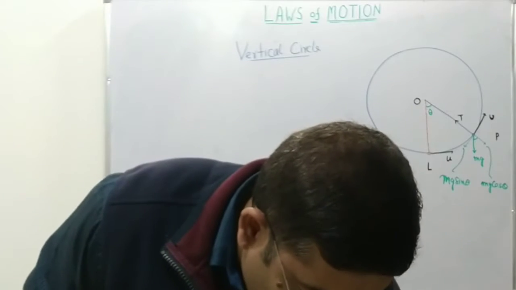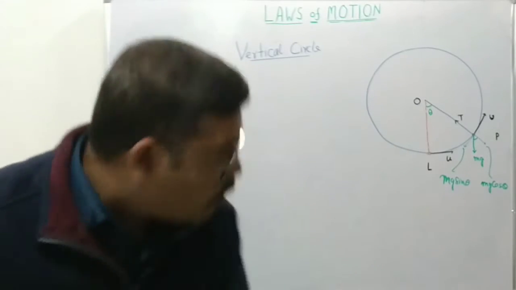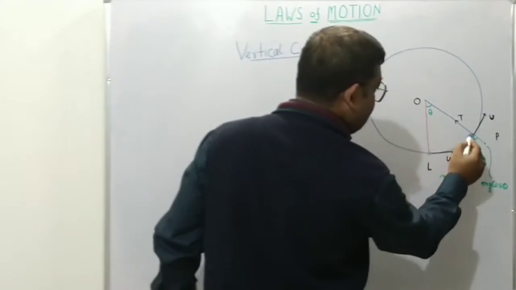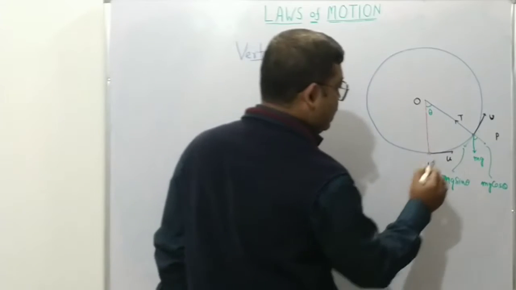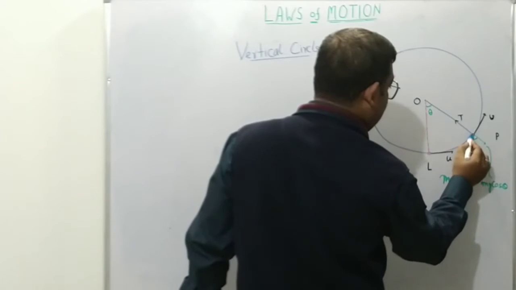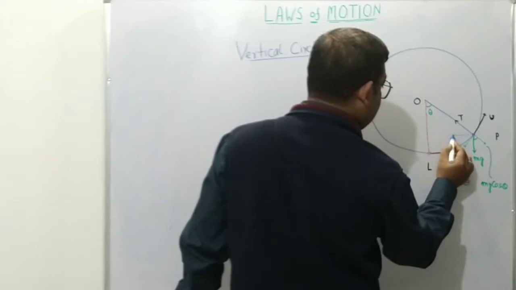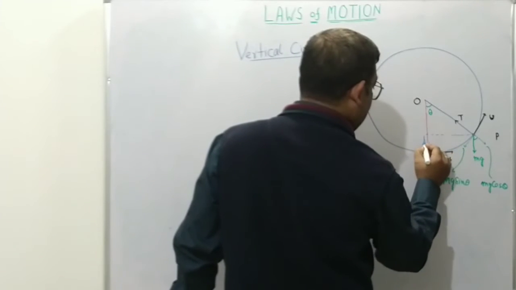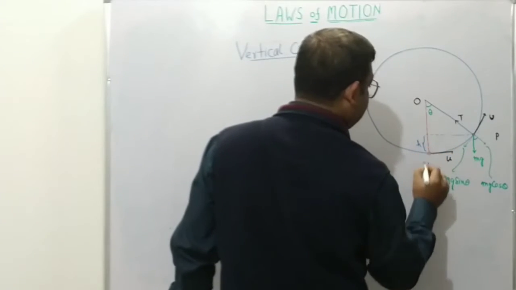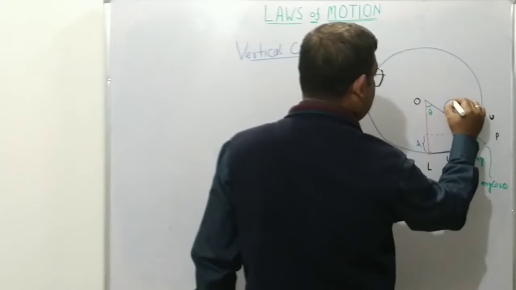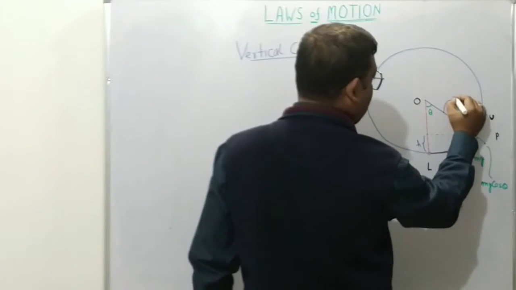So now we also need to notice that when the object reaches here, the height of the object changes. So when it reaches here, from the initial position, it has acquired a height of h, say, and let's say the radius of the circular path be r.